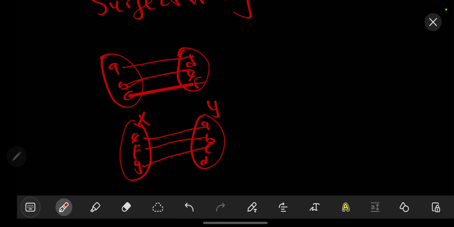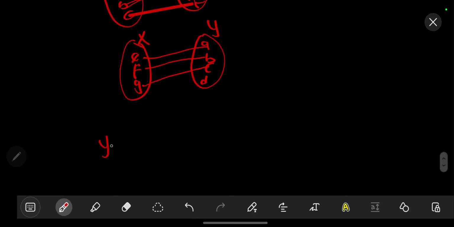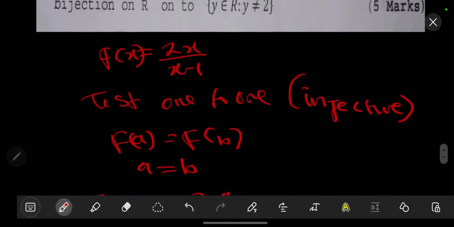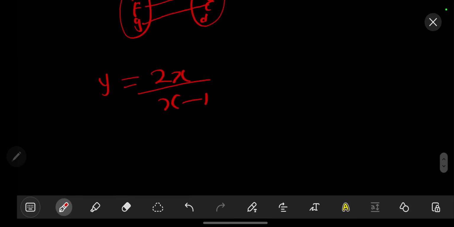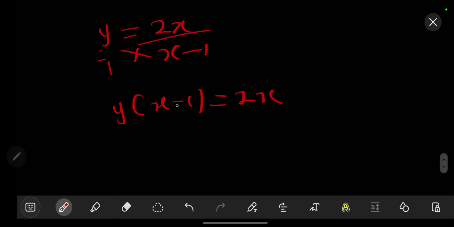Now we know that y is equal to 2x over x minus 1. We are going to just find the inverse. So we have y, open brackets, x minus 1, should be equal to 2x. x times y is xy. y times negative 1 is negative y, should be equal to 2x.